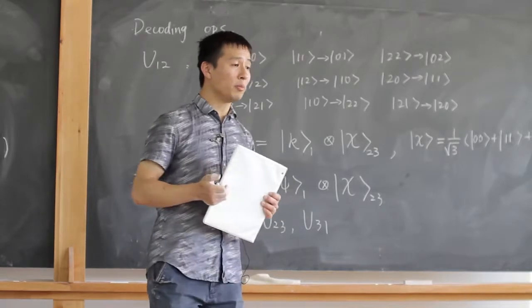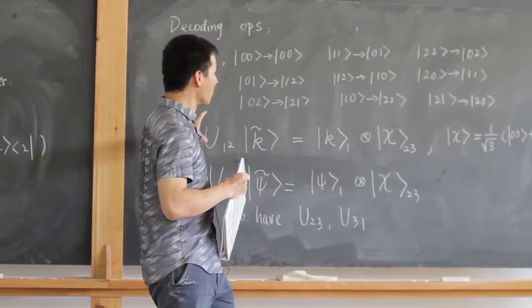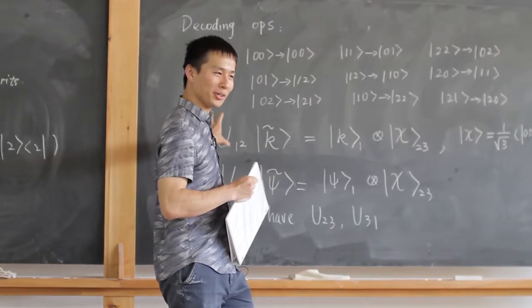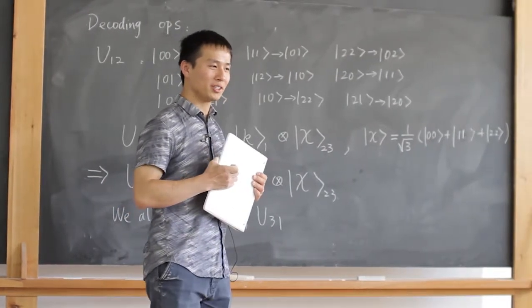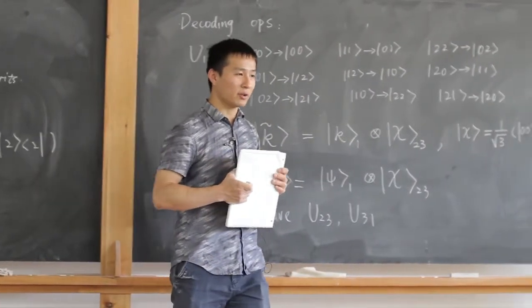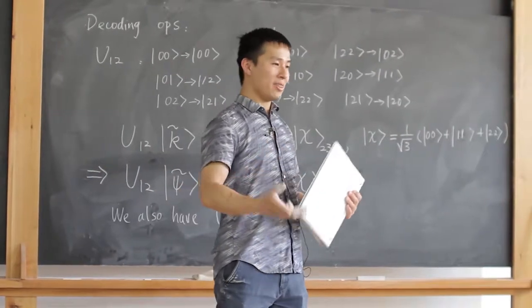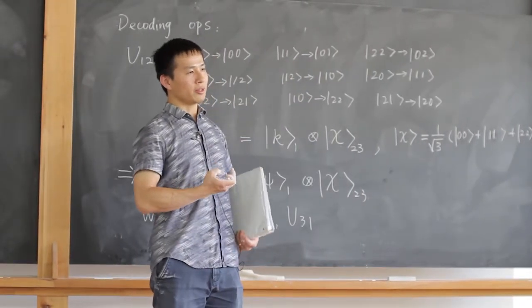Tomorrow I will be giving more complicated examples. These are very coarse-grained toy models that have only one qubit's worth of information. Tomorrow I'll present more complicated examples based on tensor networks that have more information. There are two questions.